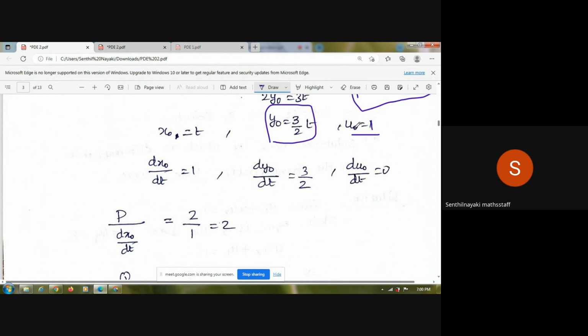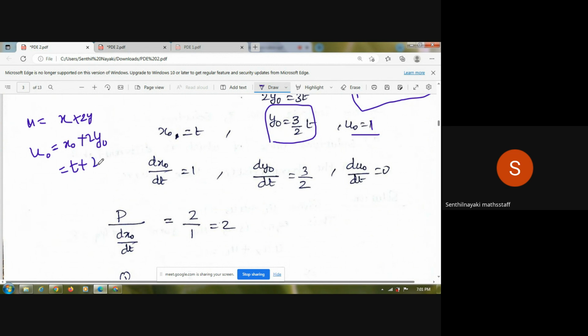Suppose this u is in terms of x and y. For example, let us consider u equal to x plus 2y, just assume. Then change this x and y in terms of t. Then what will we get? Then u naught is x naught plus 2y naught. Instead of x naught, we get t.